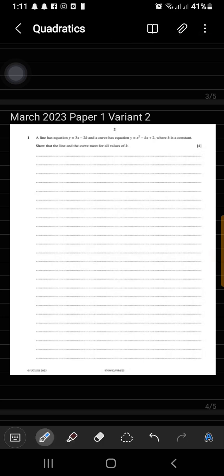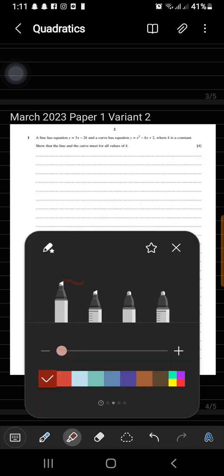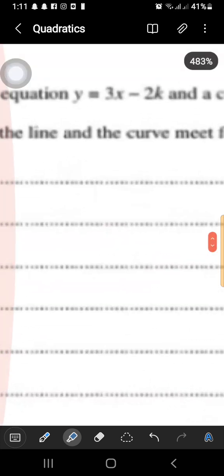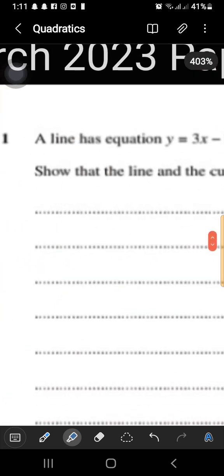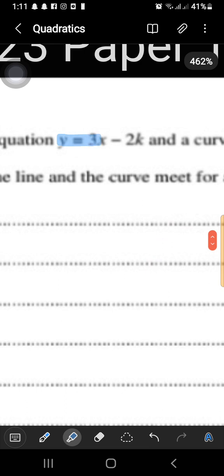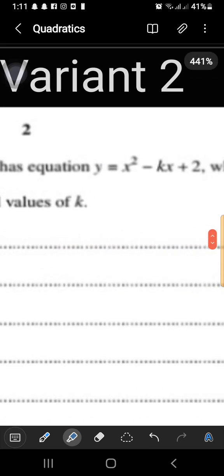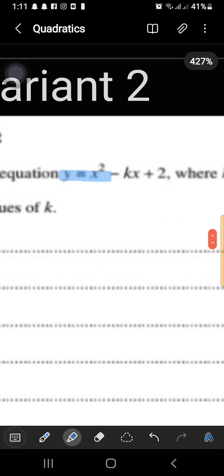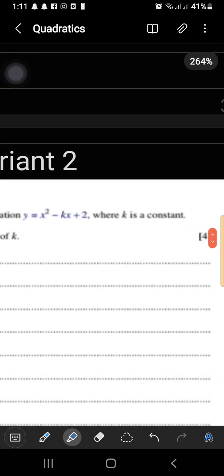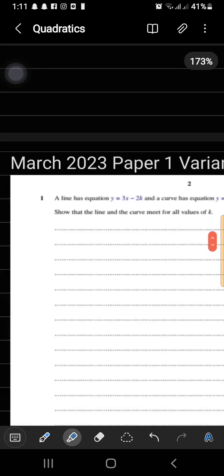So let's read the question. A line has equation y is equal to 3x minus 2k and a curve has equation y is equal to x square minus kx plus 2, where k is a constant.